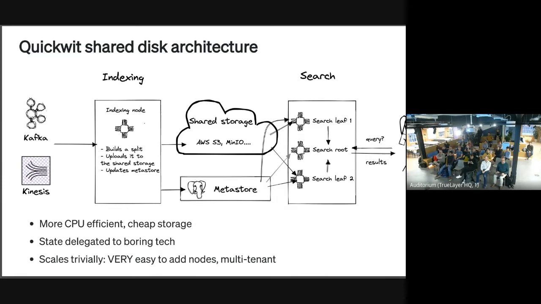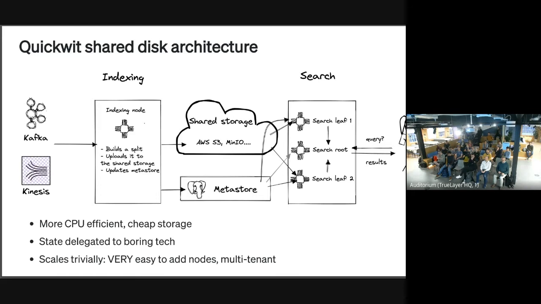This will build the inverted index. We put everything into a file called a split. So it's a small piece of index in Quickwit. We upload it to a shared storage, for example, Amazon S3, can be HDFS or MinIO, whatever. And then we also update the metastore.